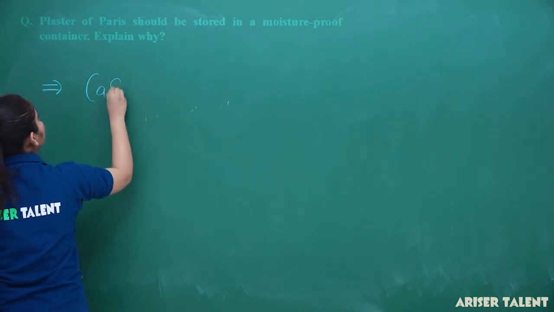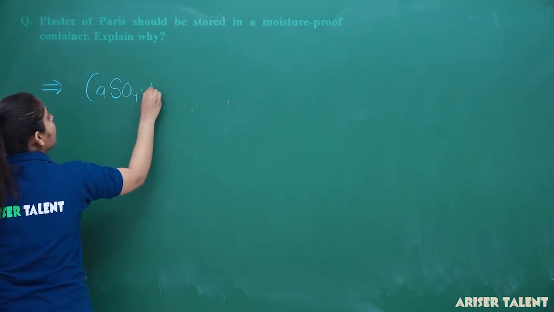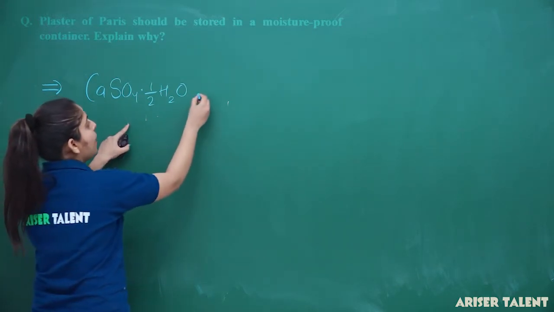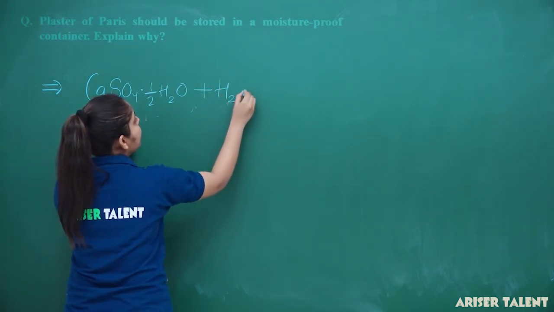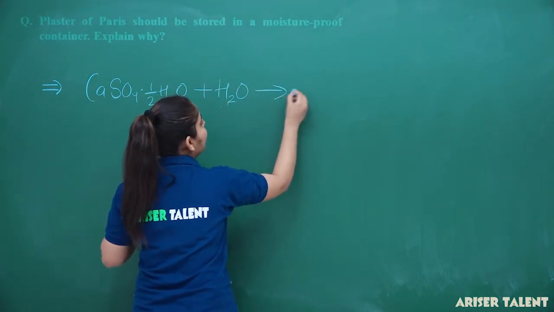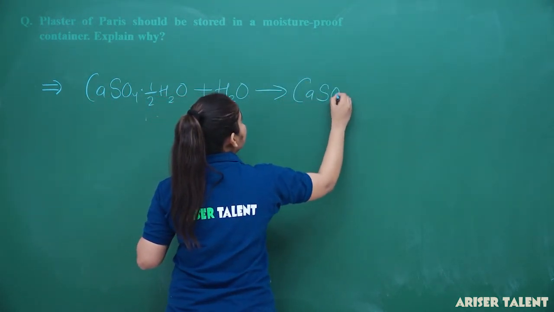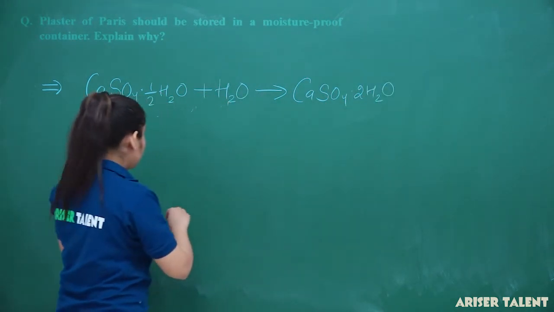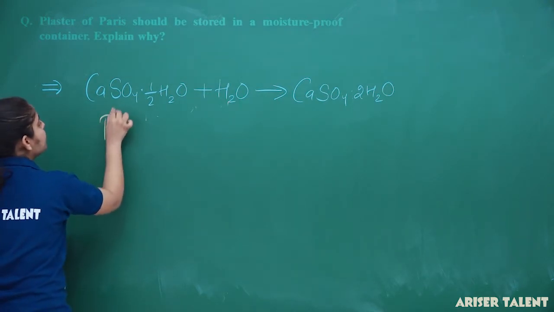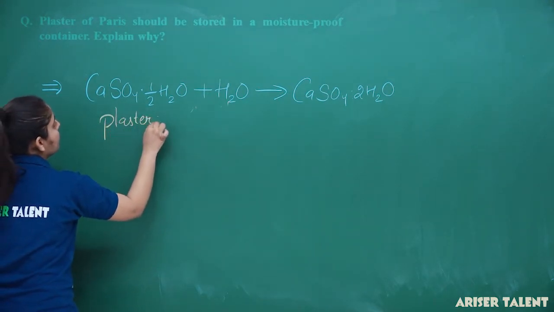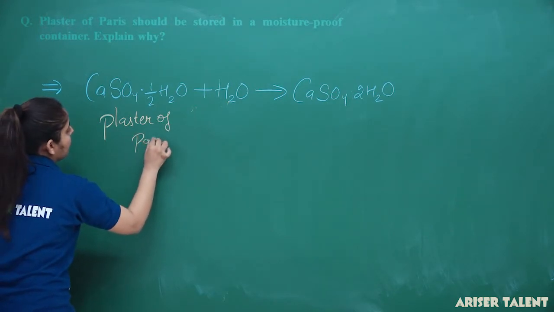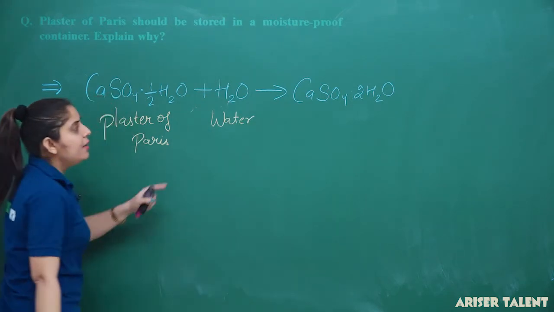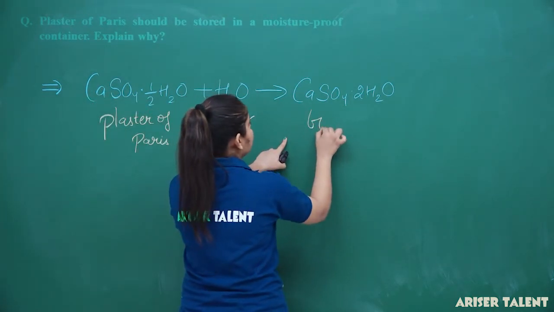If we have plaster of Paris, that is CaSO4.1/2H2O, and it comes in contact with water, that is moisture, it hardens into a tough mass, that is CaSO4.2H2O. This is our plaster of Paris, this is water, and this formula is that of gypsum.